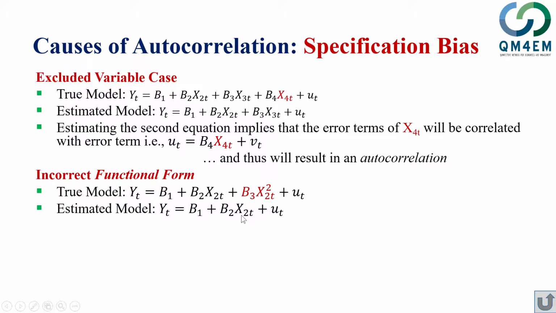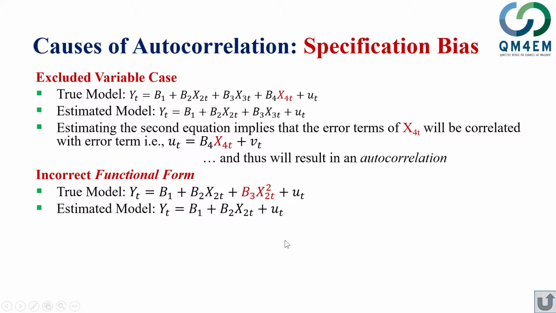So what happens again? This x2 square term will be correlated with the error term. Why? Because we say that whatever is not included in the model is captured by the error term. Since we didn't include the x2 square term, that will become incorporated or captured by this error term.